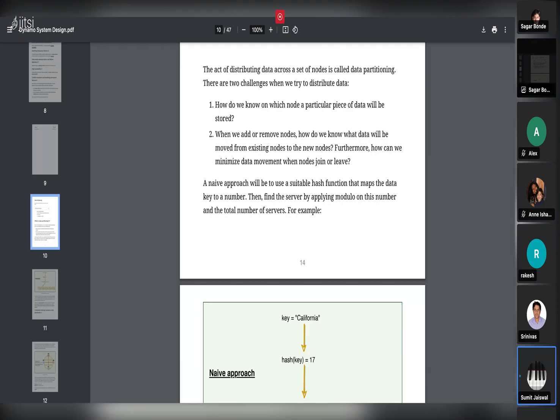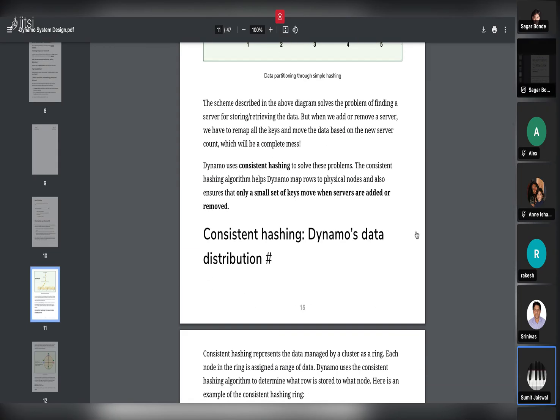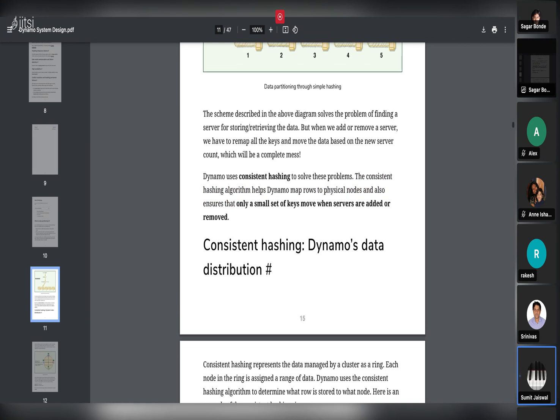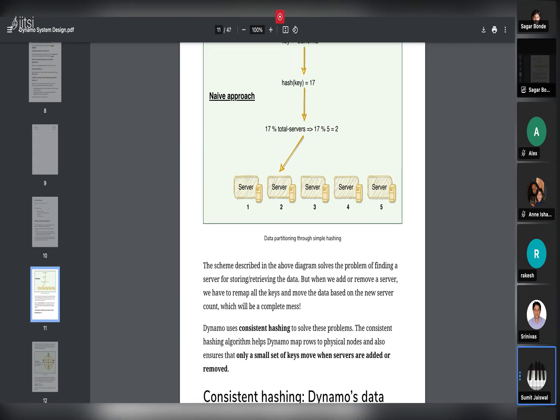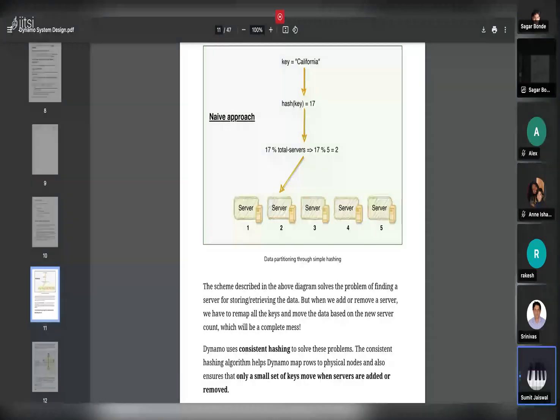So if you just scroll down a bit, yeah, this one, the last piece says Dynamo maps rows to physical nodes and also ensures only a small set of keys move when servers are added or removed. So let's say these are the servers following a consistent hash algorithm, and we add a new server, let's say server 6.